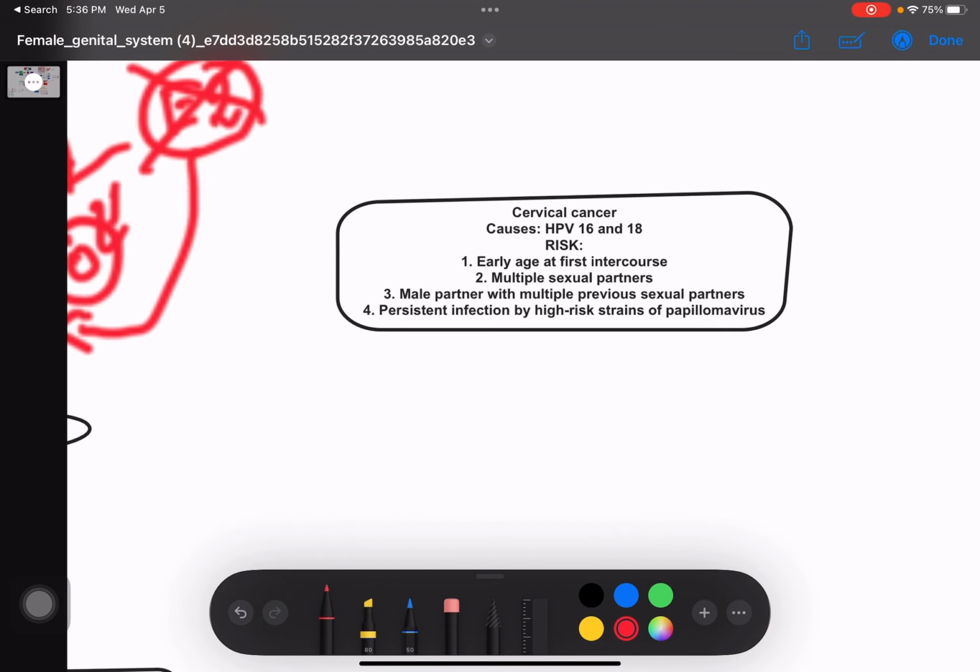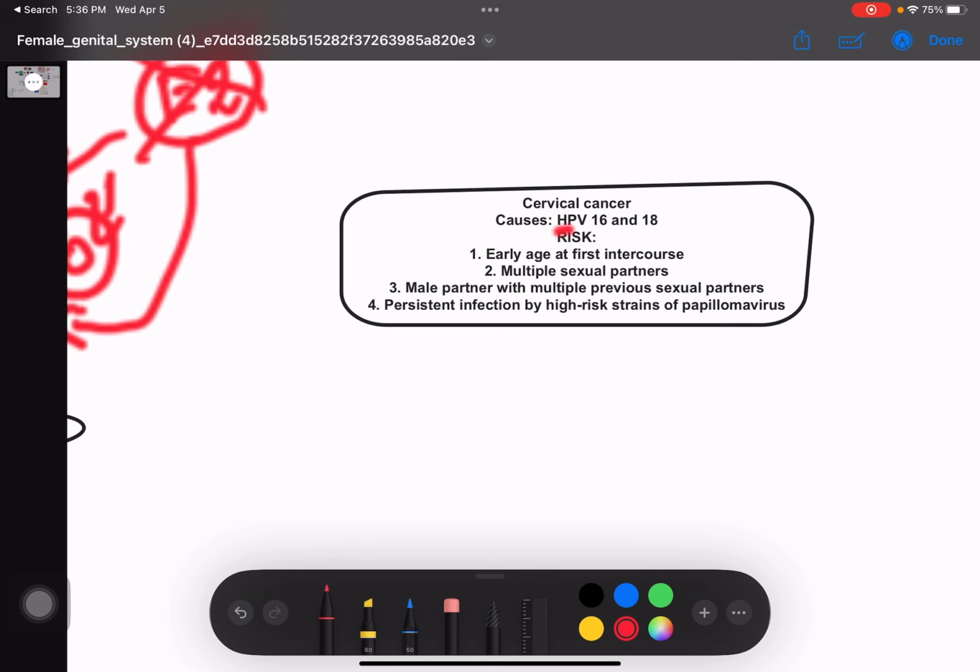So now, what are the risk factors? Those are the high-risk serotypes, which cause most of the cervical cancer: HPV 16 and 18. The risk factors associated with HPV-induced cervical cancer are early age at first intercourse, as it can increase the risk of getting this sexually transmitted infection.